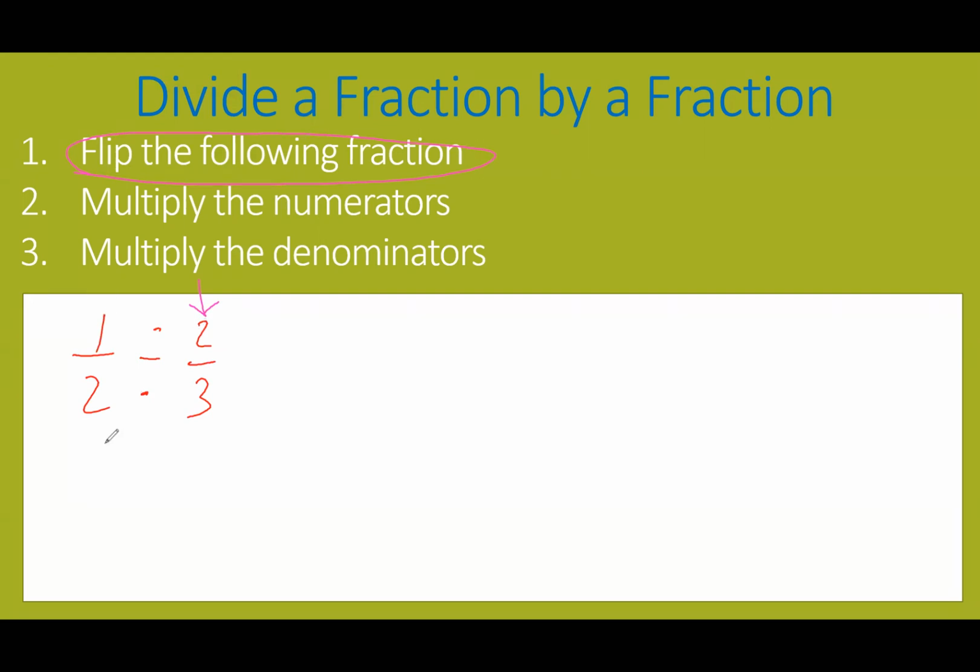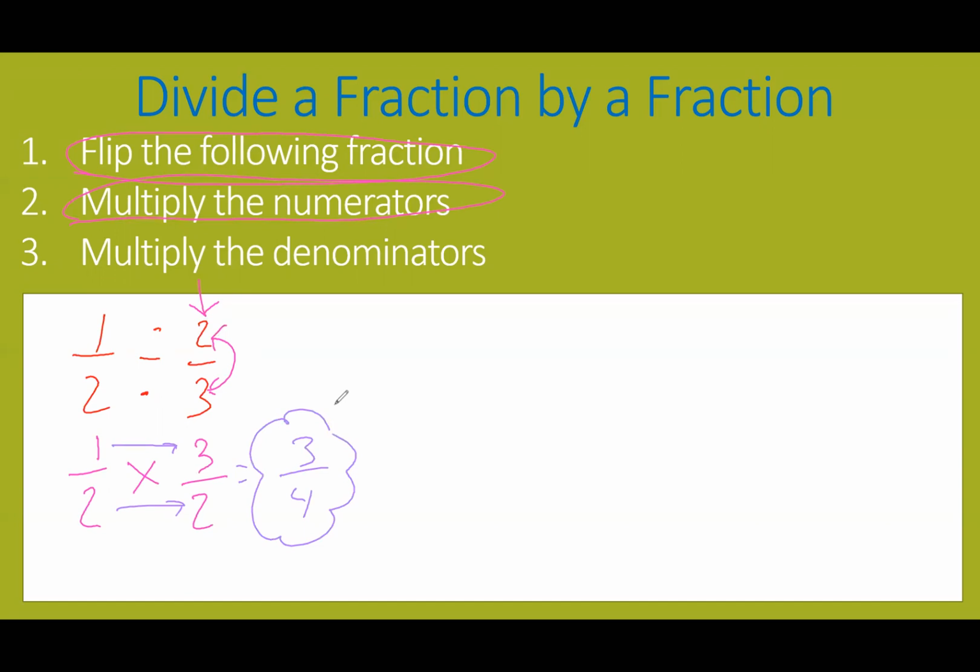So this problem is going to be changed to 1/2, and then I'm going to flip it this way and this way. So the 3 goes on top and the 2 goes down below. Okay, and now multiply the numerators and multiply the denominators. Okay, 1 times 3 is 3, and 2 times 2 is 4. So my answer is 3/4.